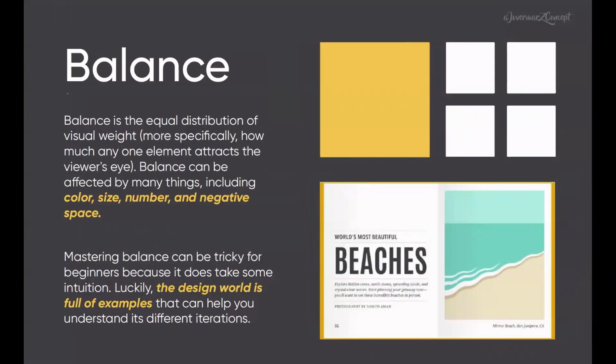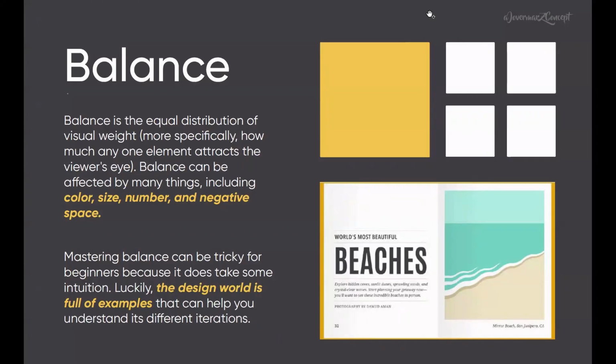Now, balance appearing again in the fundamentals, just like it appeared in the principles. And as we can see here, it looks like balance is the same. Balance is the equal distribution of visual weight.